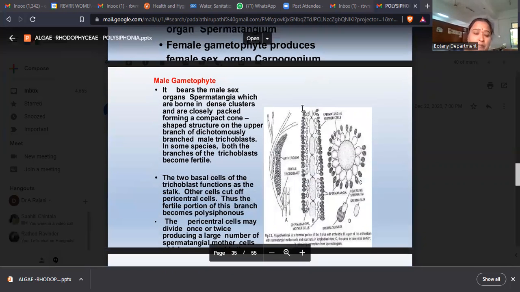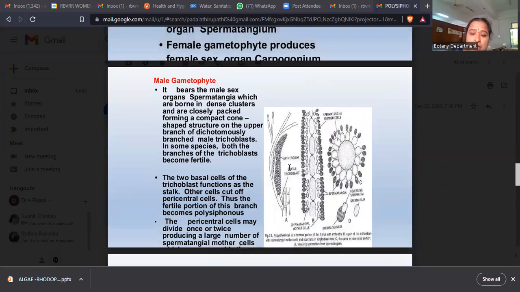How does the male sex organ develop on the male gametophyte? It bears male sex organs, the spermatangia, which, as you can observe in this picture, are borne in dense clusters.